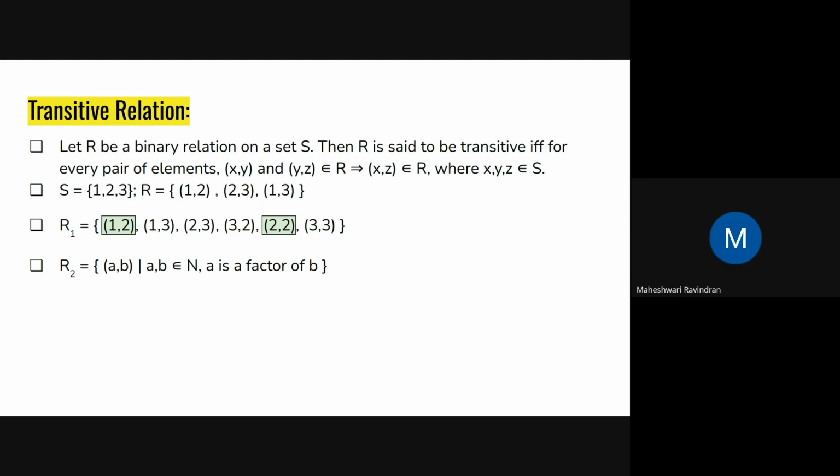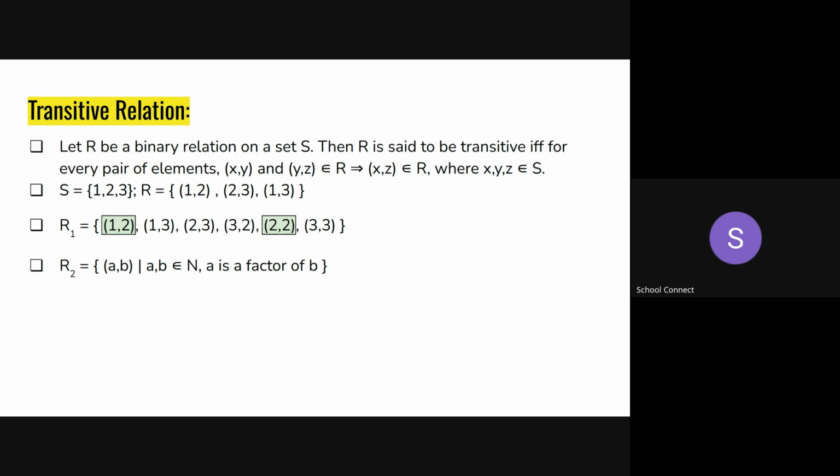If there is a pair, let's say X comma Y, in R2, what does it mean? X is a factor of Y. If you treat some xy, what does it imply? X is a factor of y, only then x comma y will be in your R2. Now you pick some yz. If yz is in R2, what does it imply? Y is a factor of z. Correct?